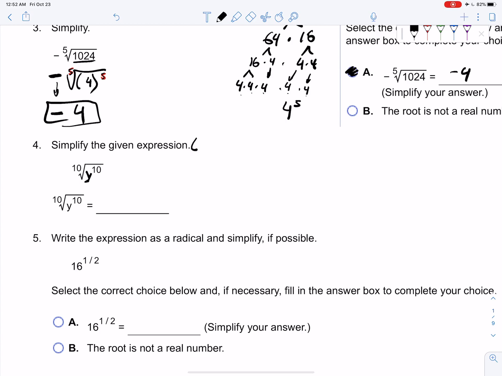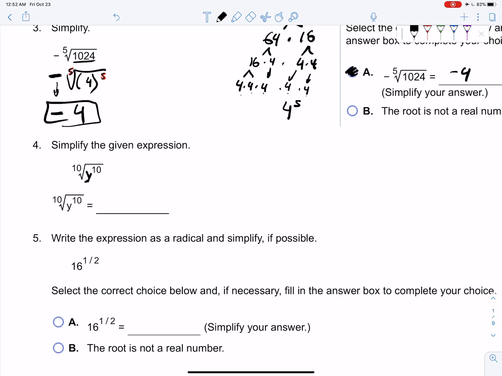A lot of times with many of these problems, it will say something like all variables are positive, or all variables are non-negative. When it does that, it really saves us from having to use the absolute value from that property I told you about earlier. But in this case, it doesn't say this, so we have to.